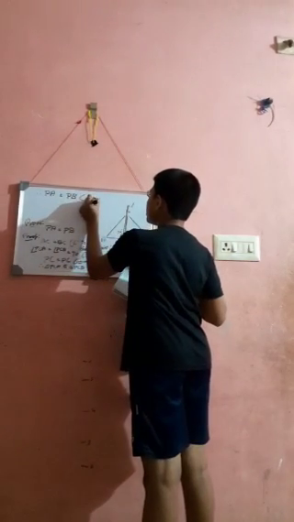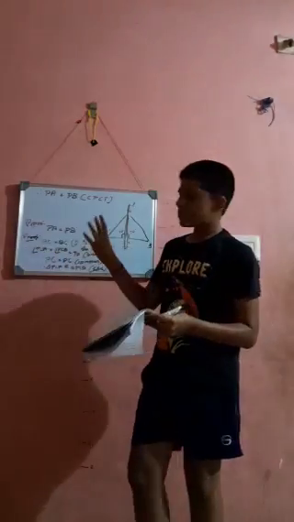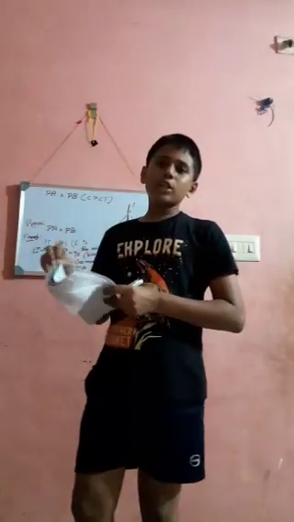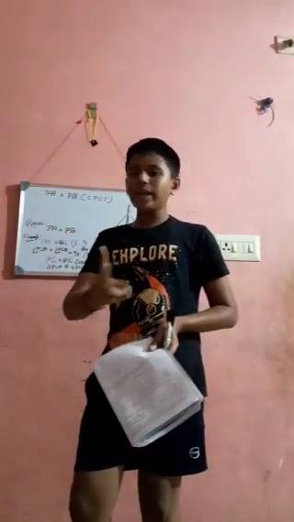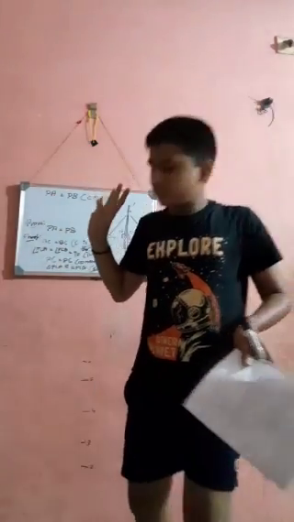How? By the corresponding sides of congruent triangles. If the two triangles are congruent, then all the corresponding sides or angles are equal.